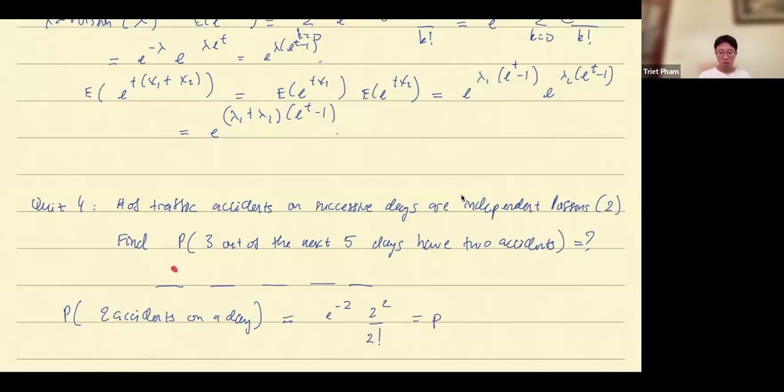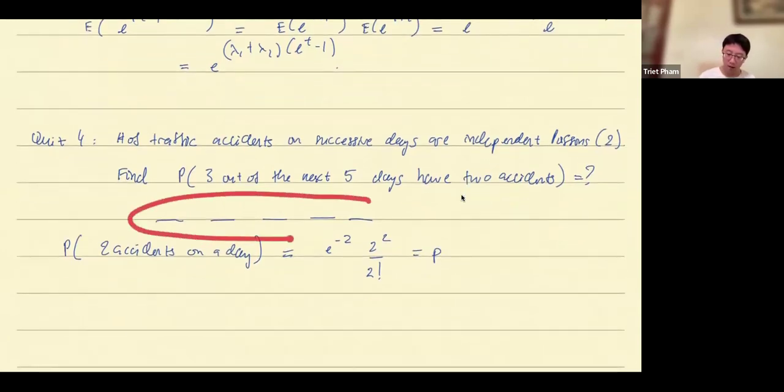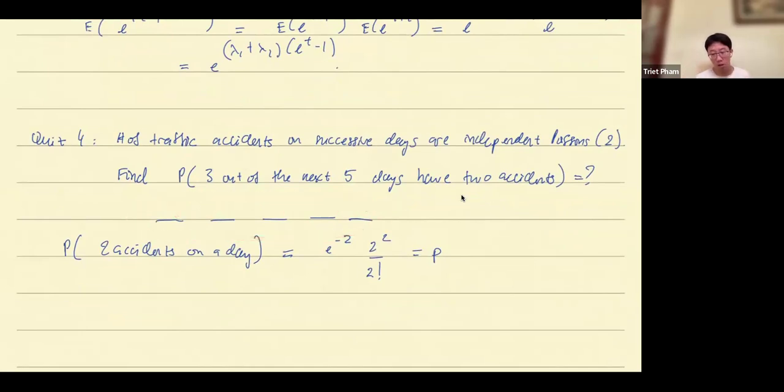Now, 2 accidents on any of the days are independent. So therefore, over 5 days, the number of days with 2 accidents is a binomial random variable, where success, in quotes, is having 2 accidents.